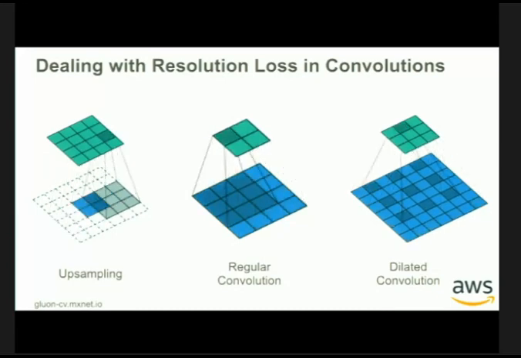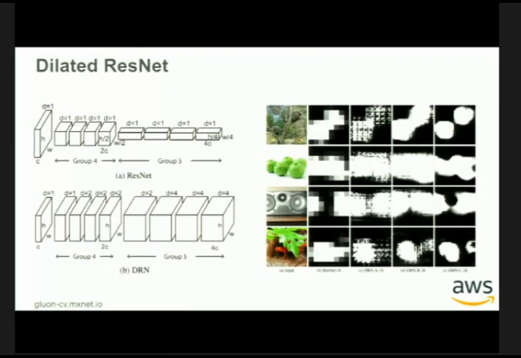So basically you have skips in between. It actually comes from the French word à trous, with holes, but yeah. You do that, and if you use those dilated convolutions, you get the higher accuracy just because you can retain the pixel level accuracy up until the end. And of course, this is slower. So this is what you get here, dilated ResNet, and yeah, that works quite well.